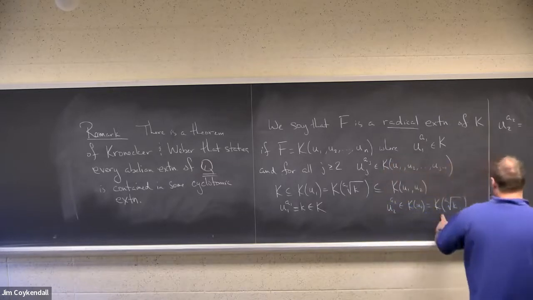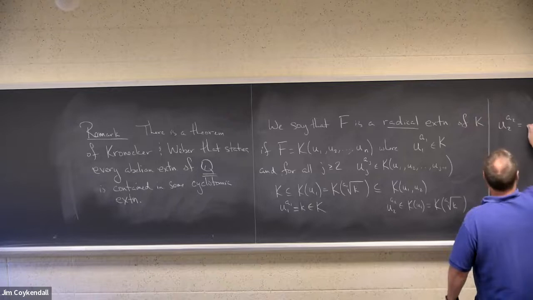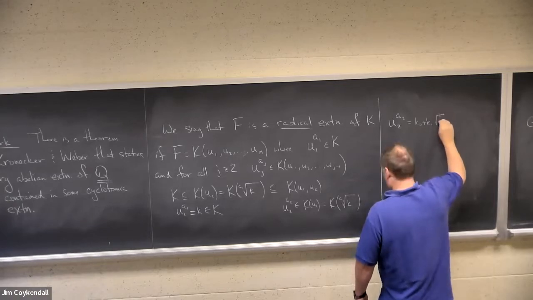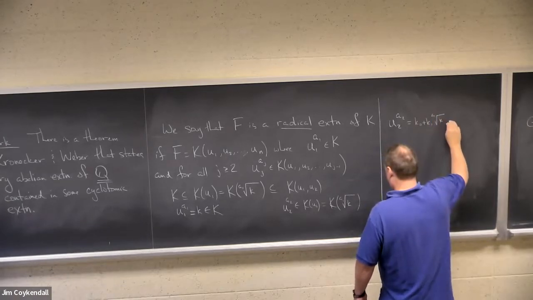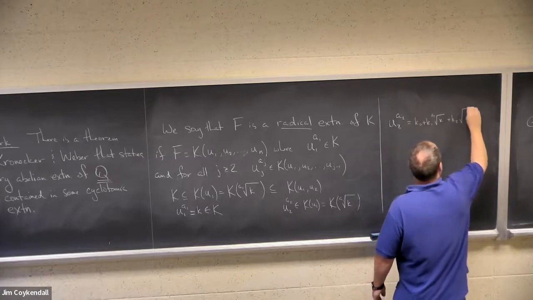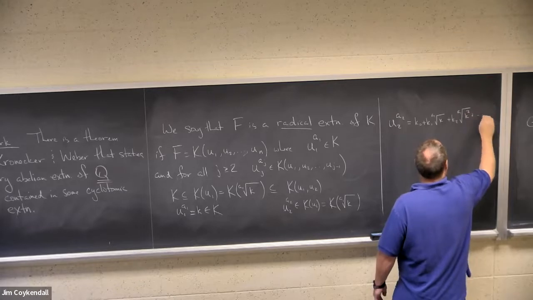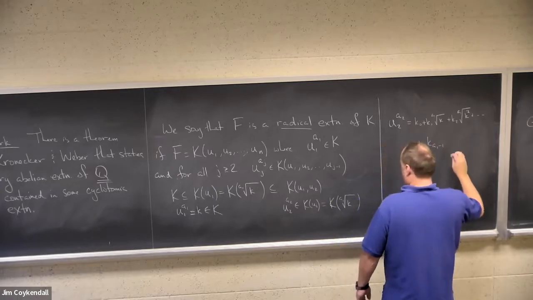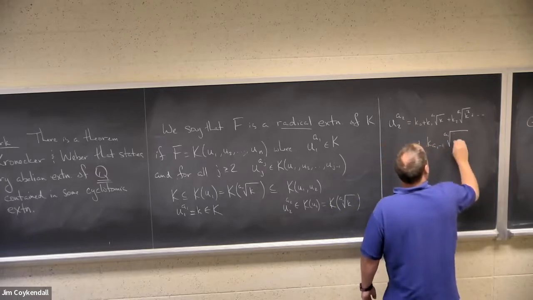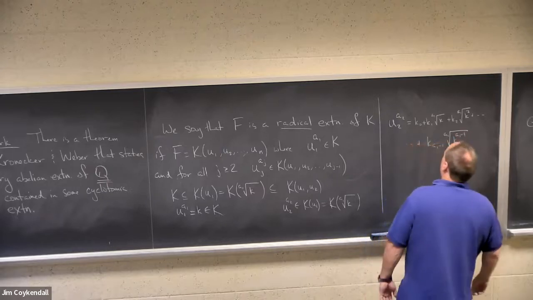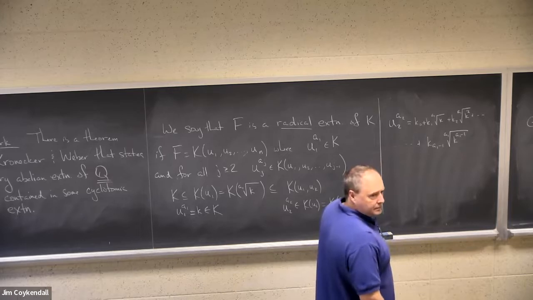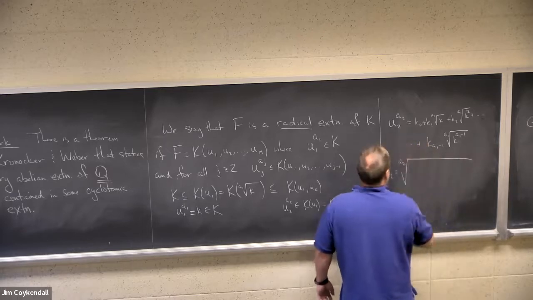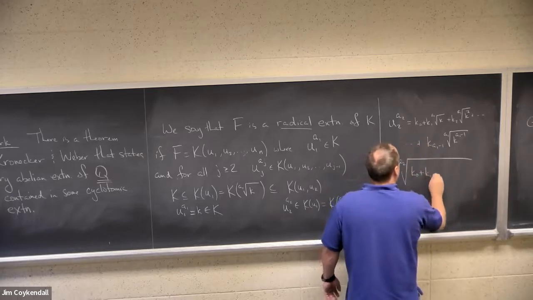And so I can have a basis. So it's equal to, let's say, k0 plus k1 u1 plus k2 u1 squared, up to u1 to the a1 minus 1. So this u2 is the a2 radical of k0, k1.